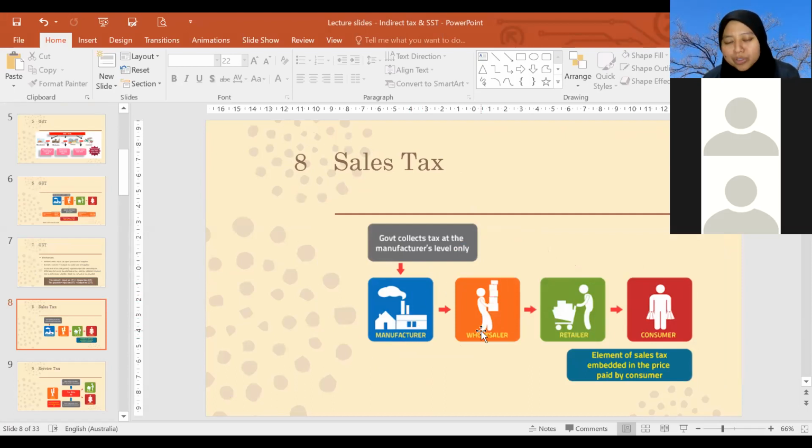Manufacturer will impose service tax, sales tax. Then manufacturer will give the money to customs. So it is the manufacturer that has to fill in the SST02, and when they submit SST02, they will have to give the money to customs as well. Okay, they're not going to keep it. Basically, manufacturer acts as an agent, a collecting agent on behalf of the government.